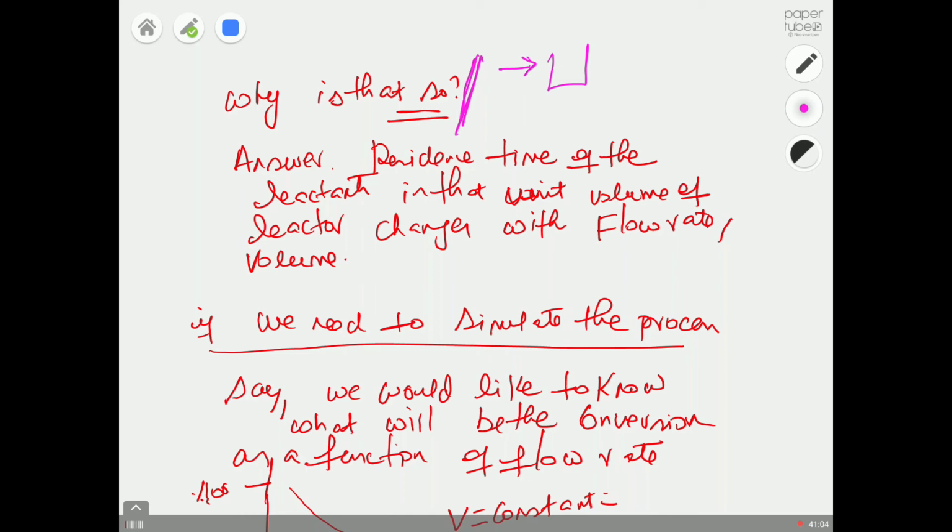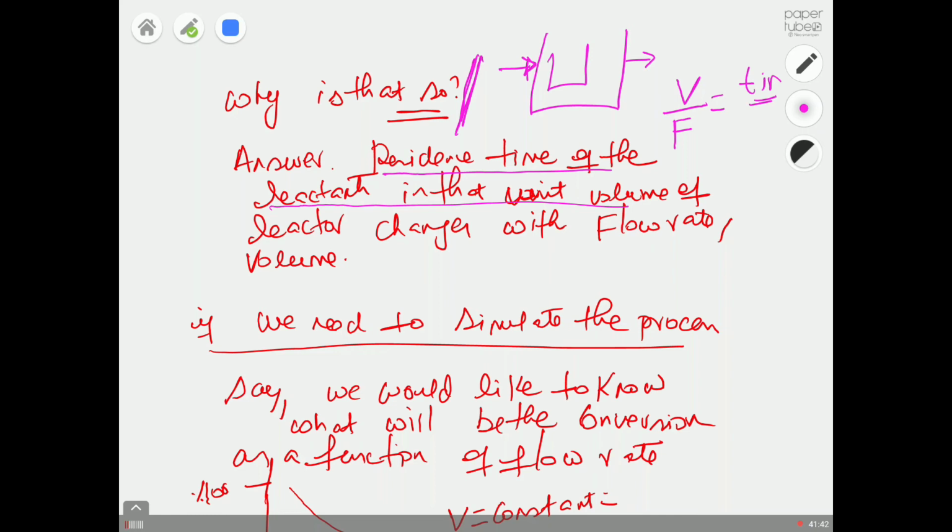So if your flow rate is constant and your volume is bigger, your residence time of the reactants in the reactor will be high, which means your percentage conversion will be more. So that's what I said here. The answer is residence time of the reactants in the unit volume of the reactor. We can calculate the residence time. It's easy if you know the volume and the flow rate.